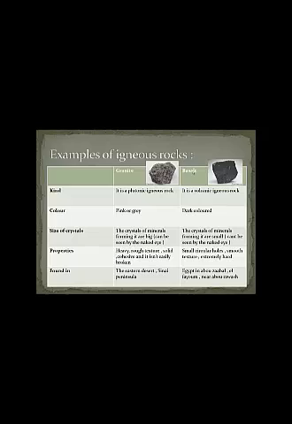Granite is pink or gray in color, but basalt is dark colored. According to the size of crystals, in granite the crystals of minerals forming it are big, so we can see them with our naked eye. But in basalt, the crystals of minerals forming it are very small, so we cannot see them with our naked eye.